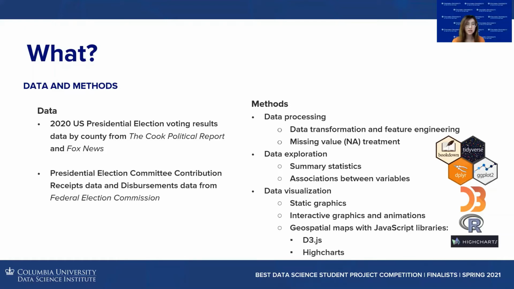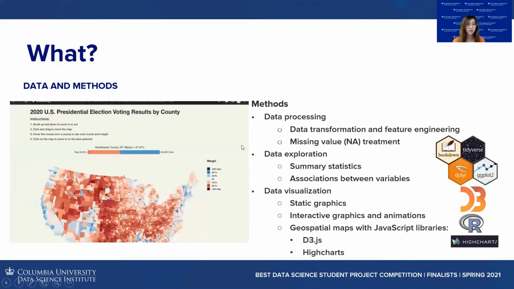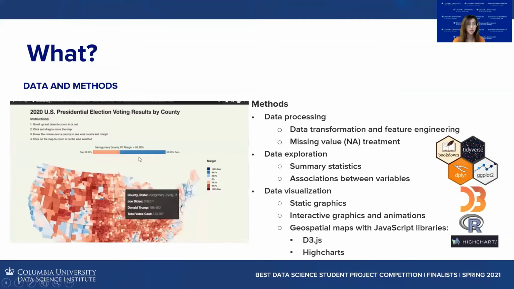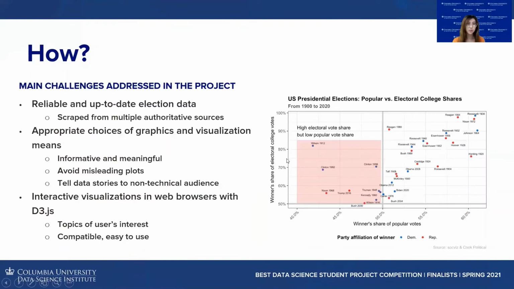Collecting all of this information into the visualization part, we generated static graphics as well as interactive graphics and animations. We also applied the JavaScript libraries D3 and HighCharts to create a map on the web page so we can run it in the web browser. And now we're moving to the next parts.